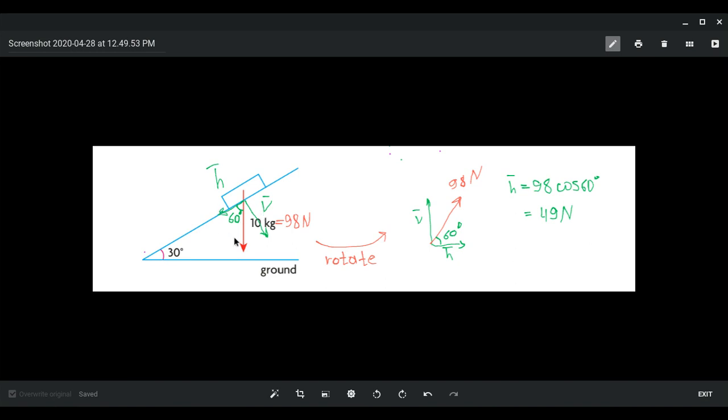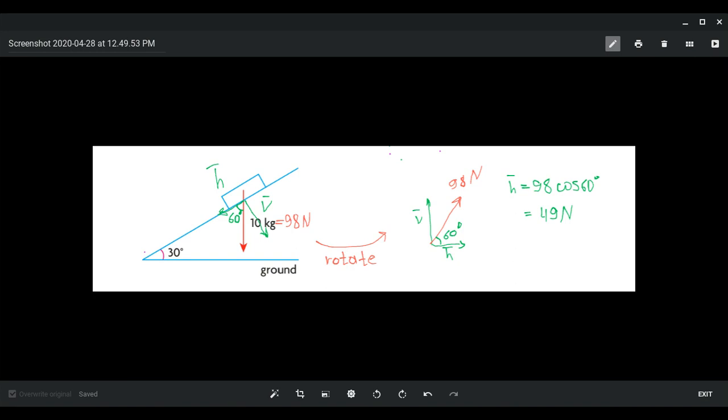Now, instead of working with the resolution vectors in this position, I'm going to rotate it clockwise, and then you will get into a familiar context where V is the vertical along the y-axis, H is the horizontal along the x-axis, and this is the angle, 60 degrees. Now the question becomes so much easier to understand.